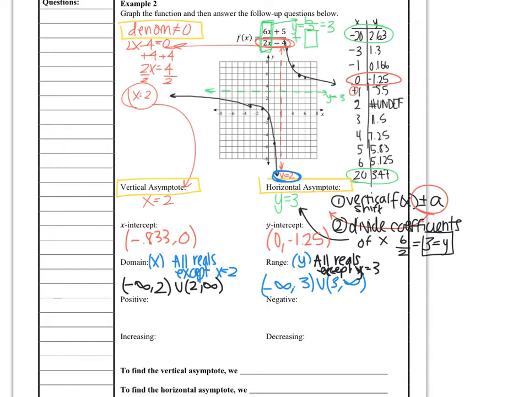Positive portions of the graph are where you are above the x-axis. So I'm above the x-axis here and above the x-axis here. But we want to be careful about this one. We start at negative infinity. And then I hit the x-axis, of course, at that x-intercept, negative 0.8333.